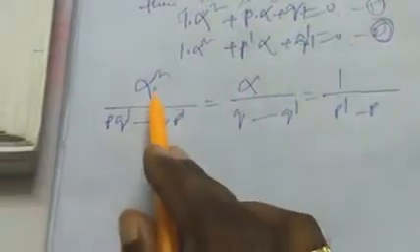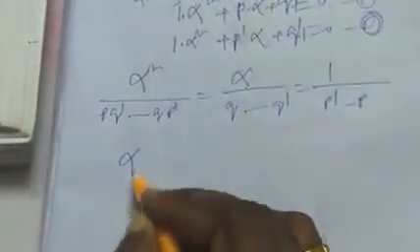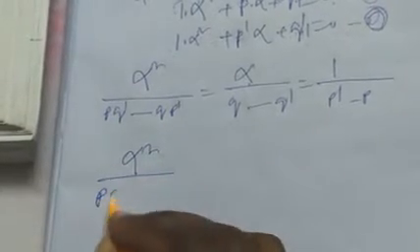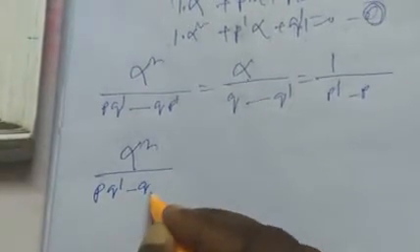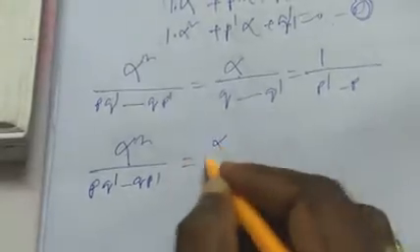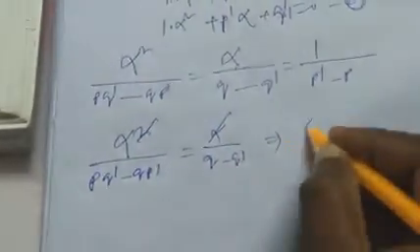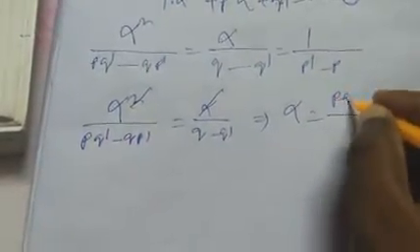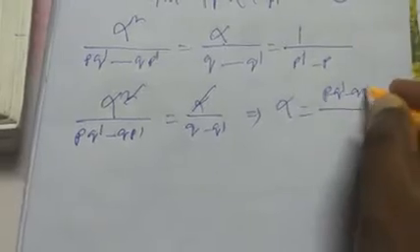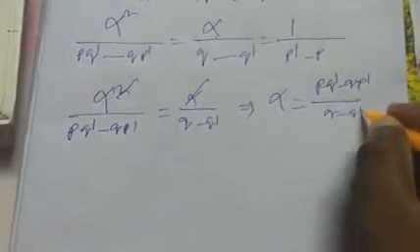So this equal to this, when write this equal to this, so cancel out alpha, then alpha square by, again we write p q dash minus q p dash is equal to alpha by q minus q dash. Okay, and that will be alpha is equal to p q dash minus q p dash by q minus q dash.